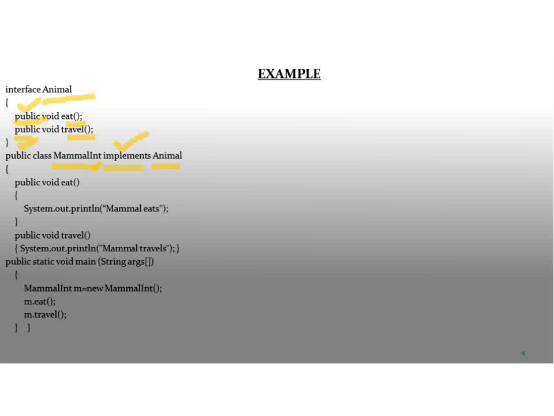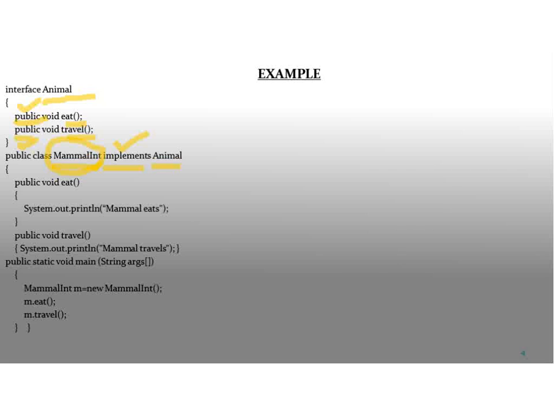Now next, we have another class that is mammal int, and it implements the animal interface. So here, in case of interface, you have to use the keyword implements instead of the keyword extends. If we are working with inheritance, we use the extends keyword. But in case of interface, we use the implements keyword.